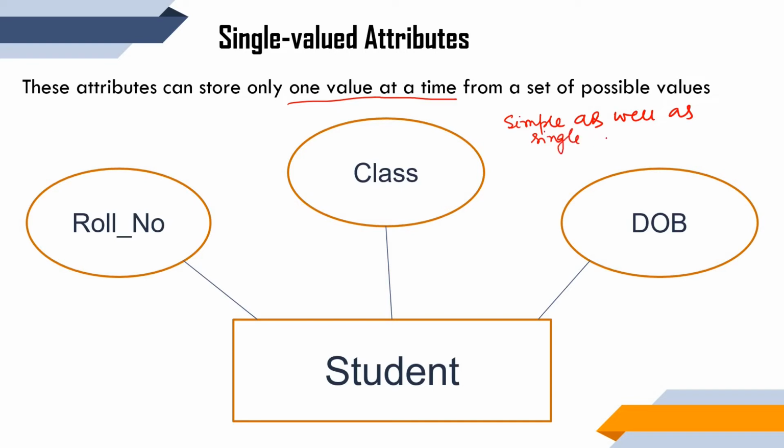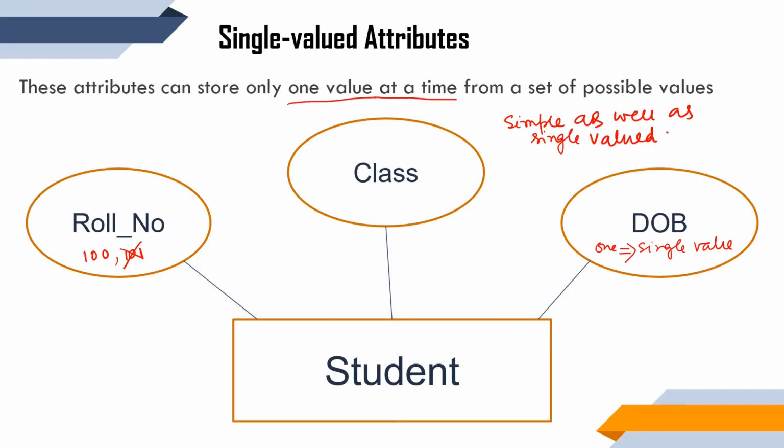Roll number at a time can have only one value. Suppose it is 100. It cannot have 100 and 101. Date of birth: only one date of birth is possible for a student. This field cannot have two date of birth entries for a particular student, because a student cannot have two dates of birth at the same time, right? That's why these attributes are called single valued attributes.